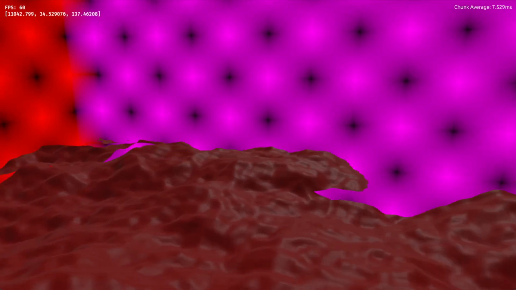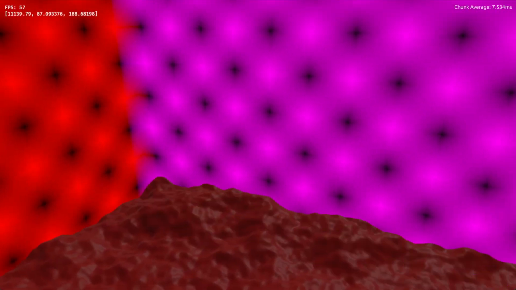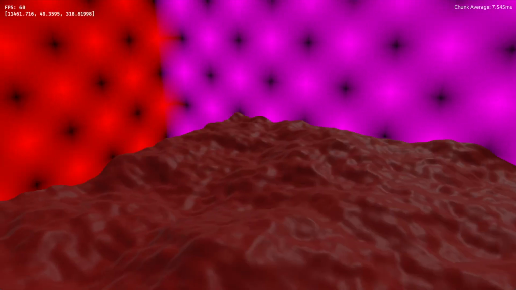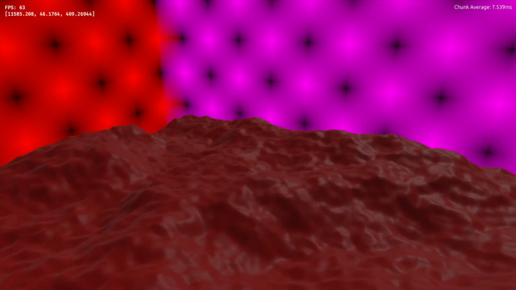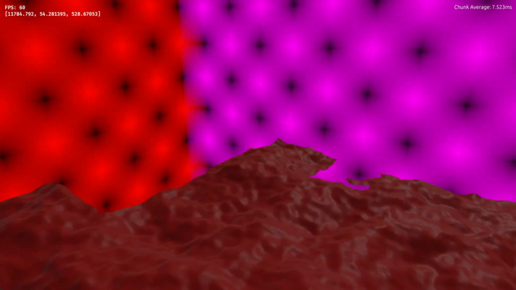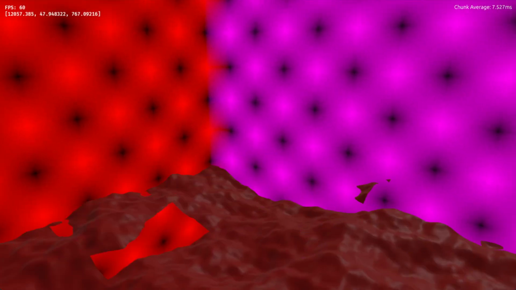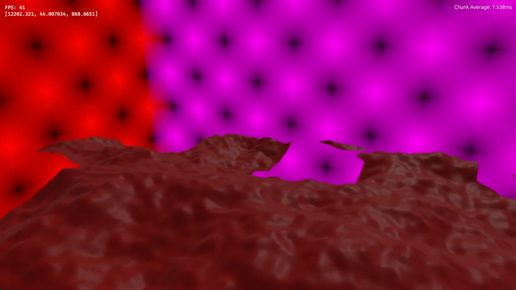But I'm not seeing any more issues, to be honest. It seems like I found a pretty good threshold to use that is pretty reliable, at least for now, with this type of terrain.